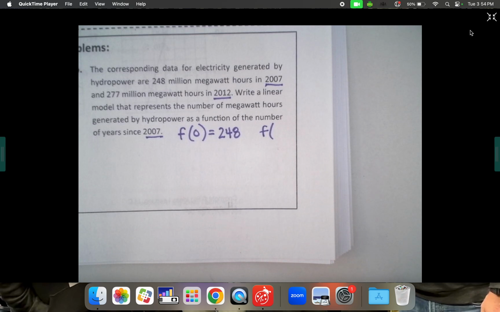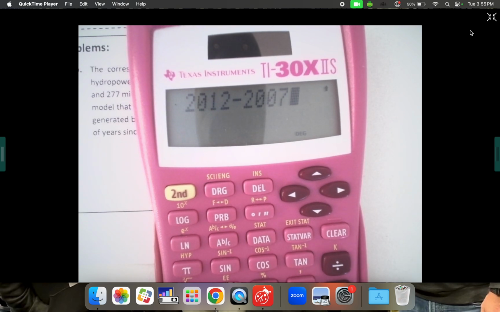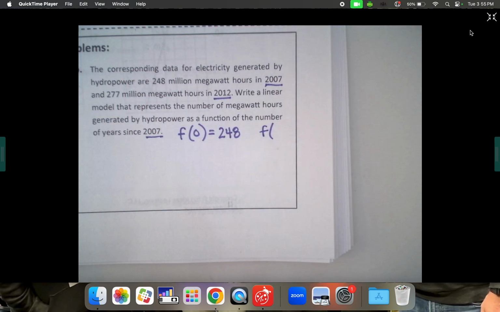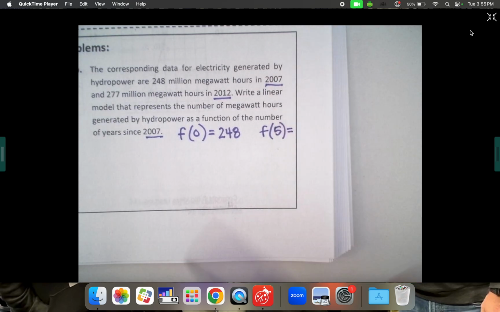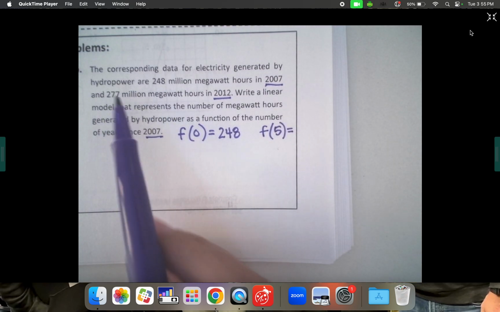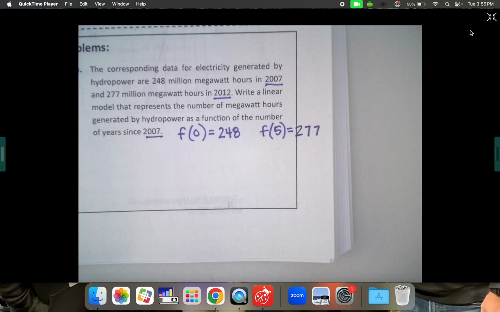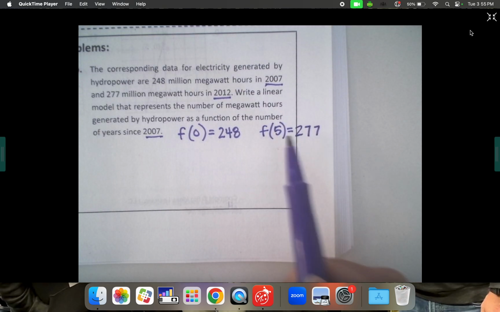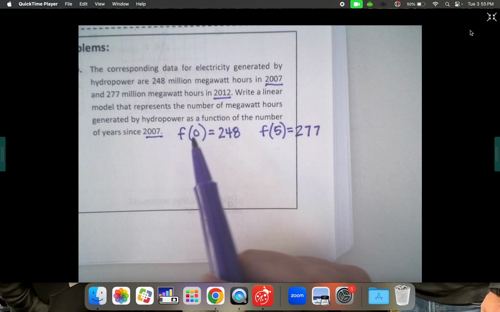And then a function, if my input was 2012, how many years is that since 2007? So 2012 minus 2007 is a difference of 5 years. I know you can do that in your head. I'm just showing you. And that equals the 277 megawatt hours. All right, so these are your ordered pairs. We're going to do y2 minus y1 over x2 minus x1.